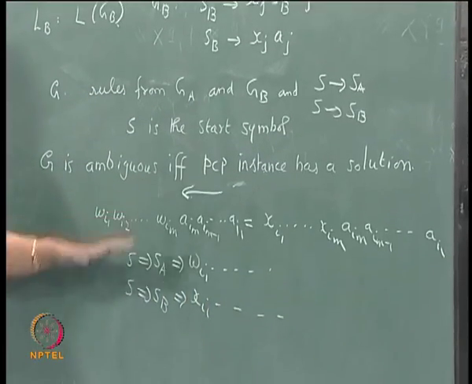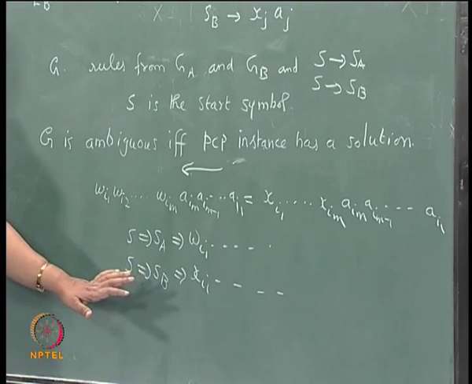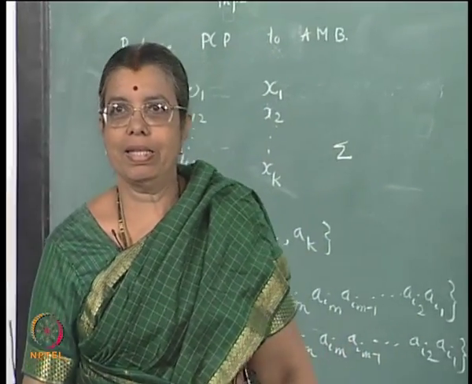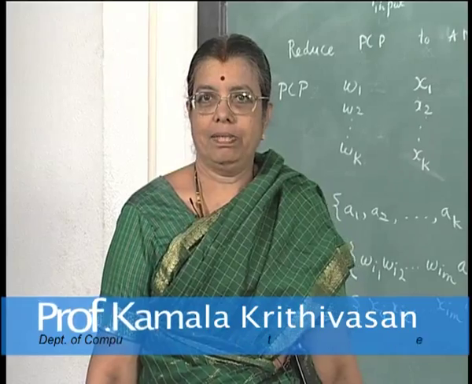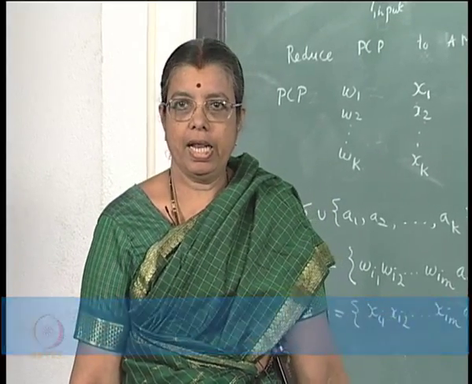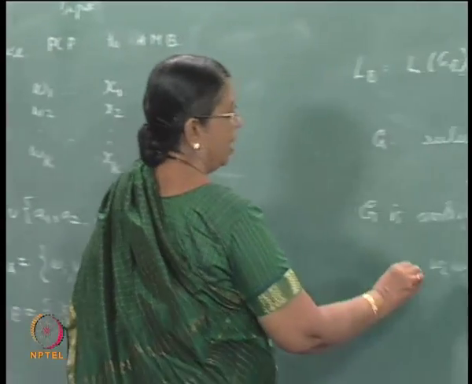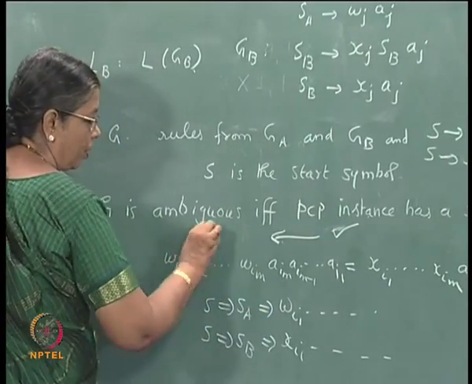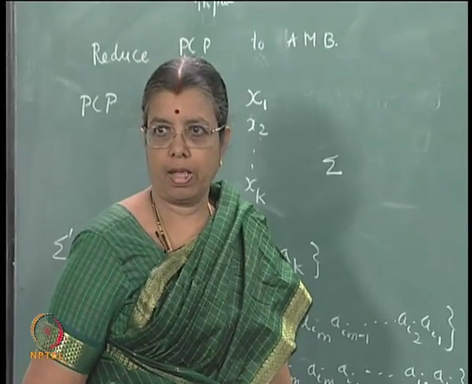So there are 2 derivations for the same string, and the derivations are all leftmost, since it is a linear grammar. There is no leftmost or rightmost distinction, everything is the same. So you have two leftmost derivations for the same string. That means, assuming the PCP instance has a solution, you have proved that G is ambiguous.